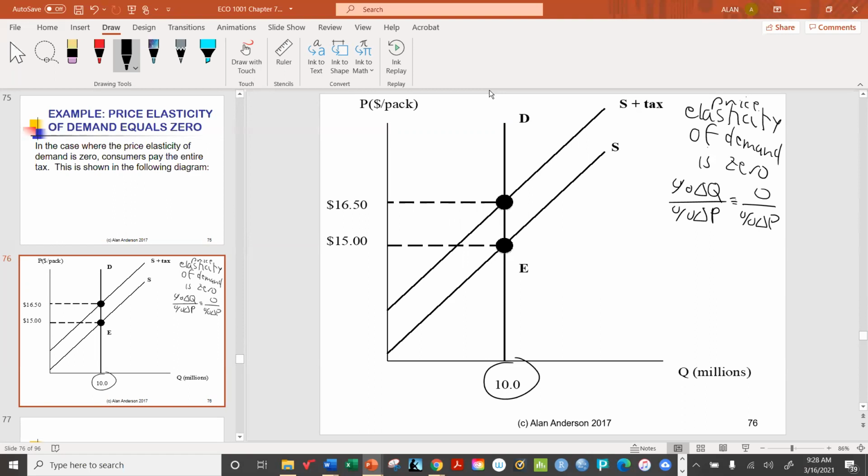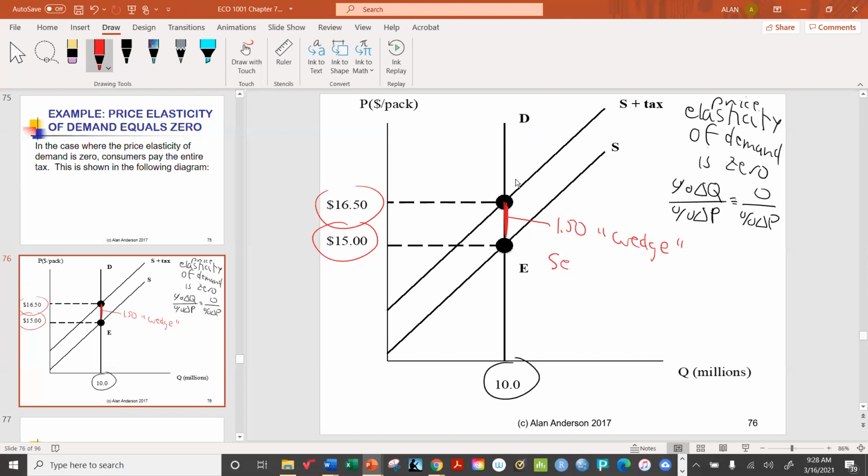And so now when the supply curve shifts up, this is that wedge that they were talking about in the video of $1.50. Guess what happens to the market price of the cigarettes? It went up the full amount of $1.50 per pack.